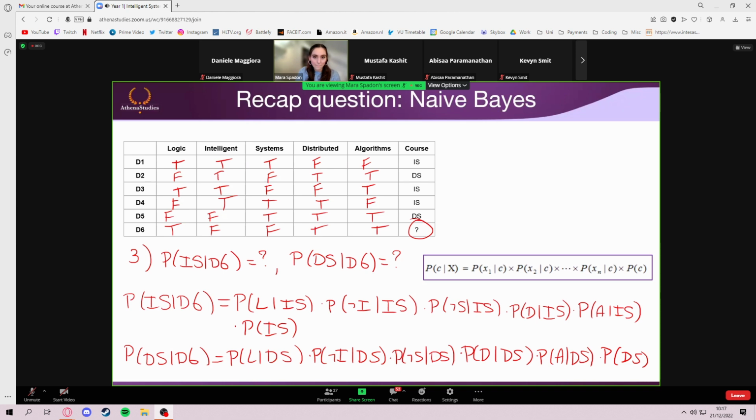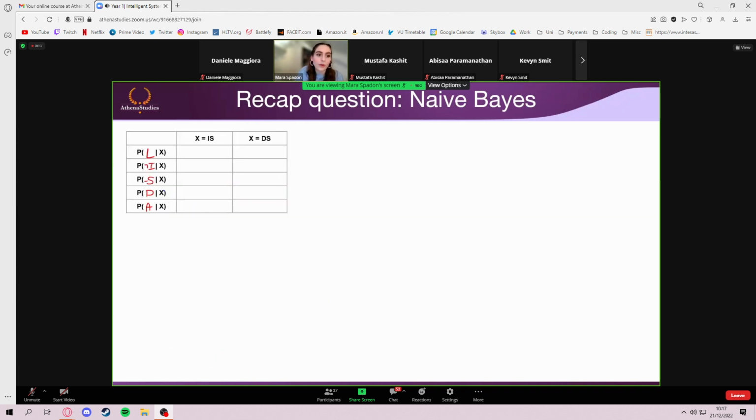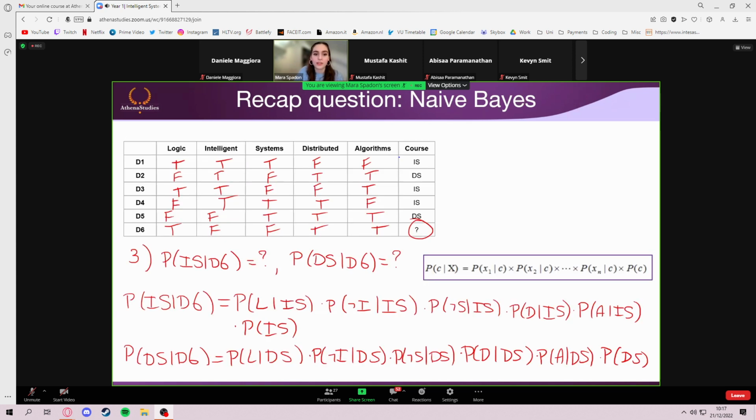So if we want to know the probability of logic given the IS course, how could we see that from this table here? Count how many times logic shows up in the IS courses. Yes, exactly. So let me pull it up. In our case, what would be that value? What would be that probability?